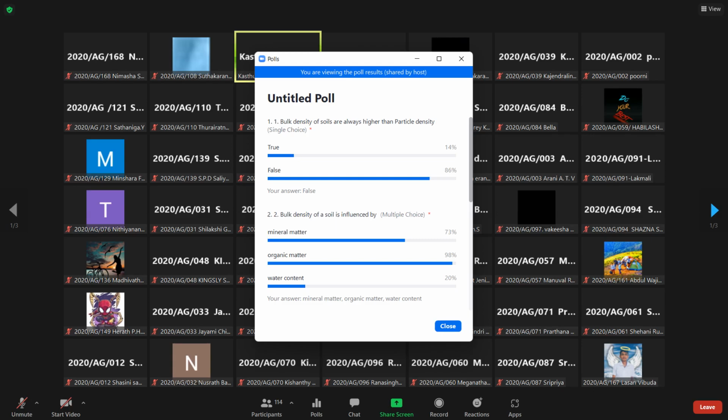So what's the correct answer for question 1? Bulk density of soils is always higher than particle density. Single choice question.